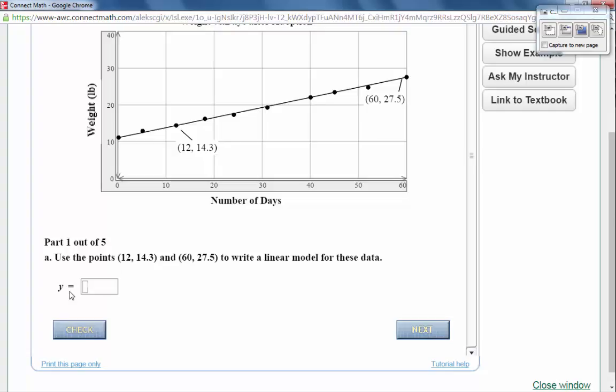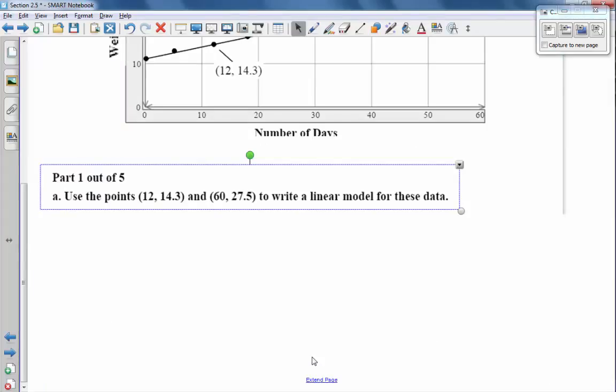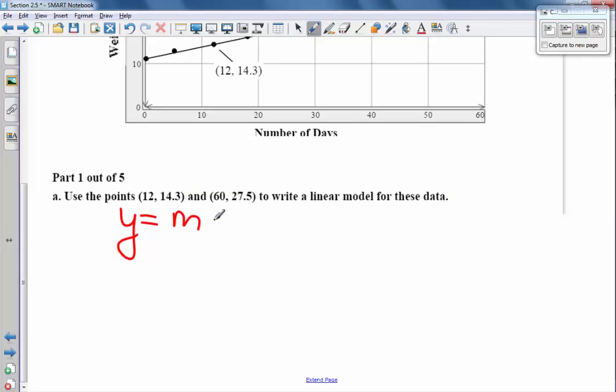So they want our answer in slope intercept form, so you need to start with that. y equals mx plus b. They want the equation of this line, that's it.